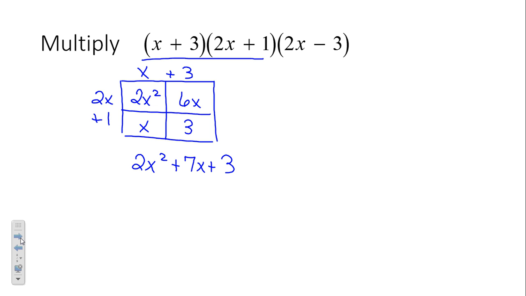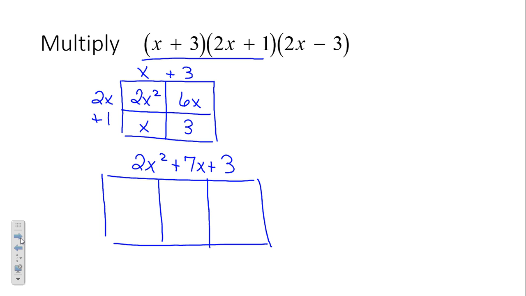Now what do I have to do with that? Yep, multiply it by the 2x minus 3. So we can, again, make our rectangular product box. And we're back to a problem just like we just worked.